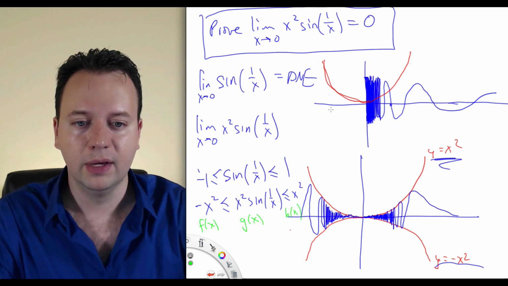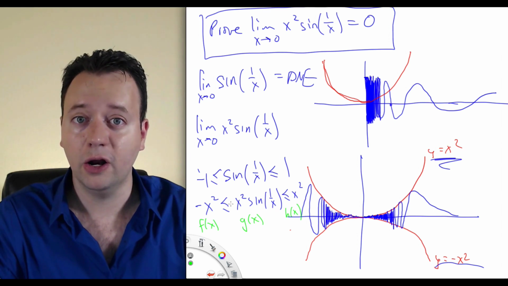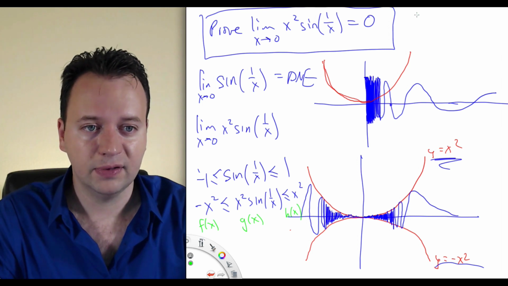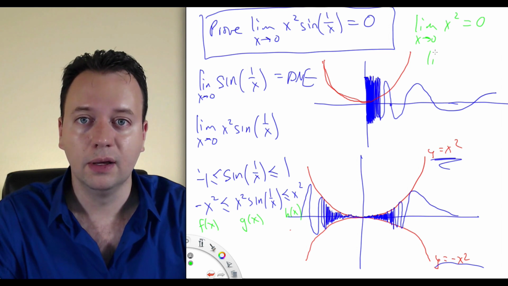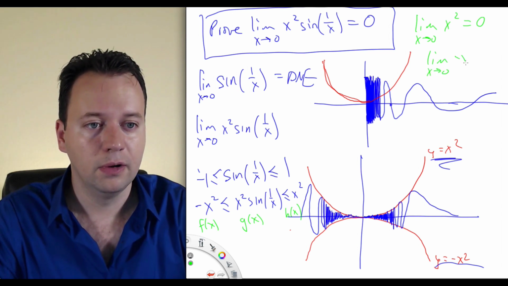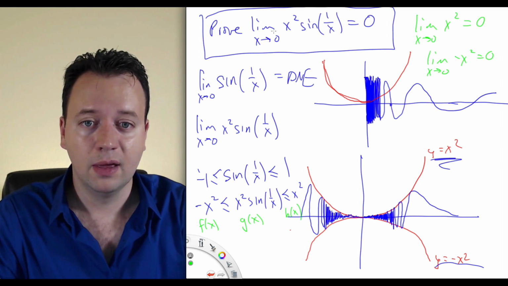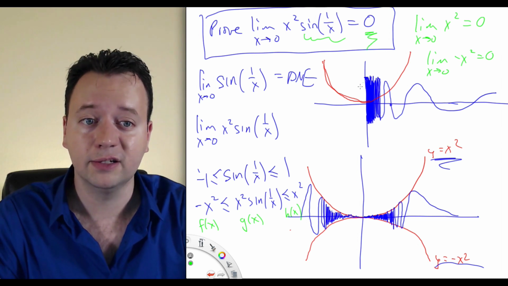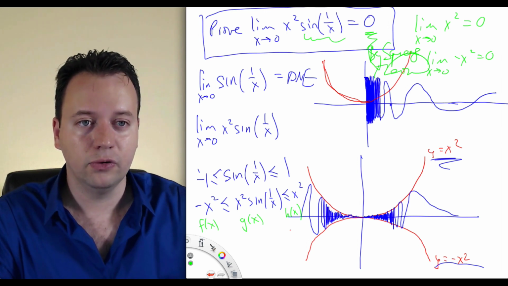So all we have to do is say x squared sine of 1 over x is greater than or equal to -x squared, less than or equal to +x squared, and then we just say the limit as x goes to 0 of x squared is equal to 0, and the limit as x goes to 0 of -x squared is equal to 0. So therefore, by the squeeze theorem, the limit as x goes to 0 of x squared times sine of 1 over x also has to be 0. And that proves that picture.